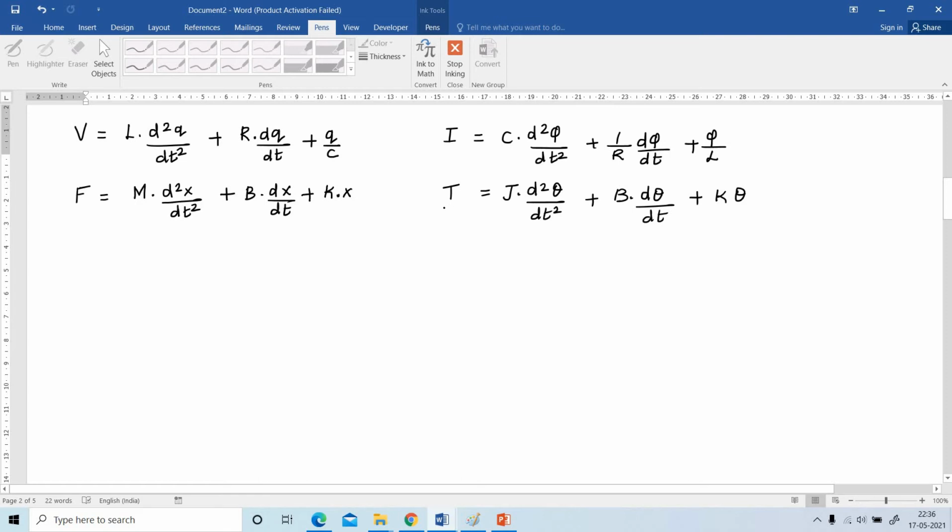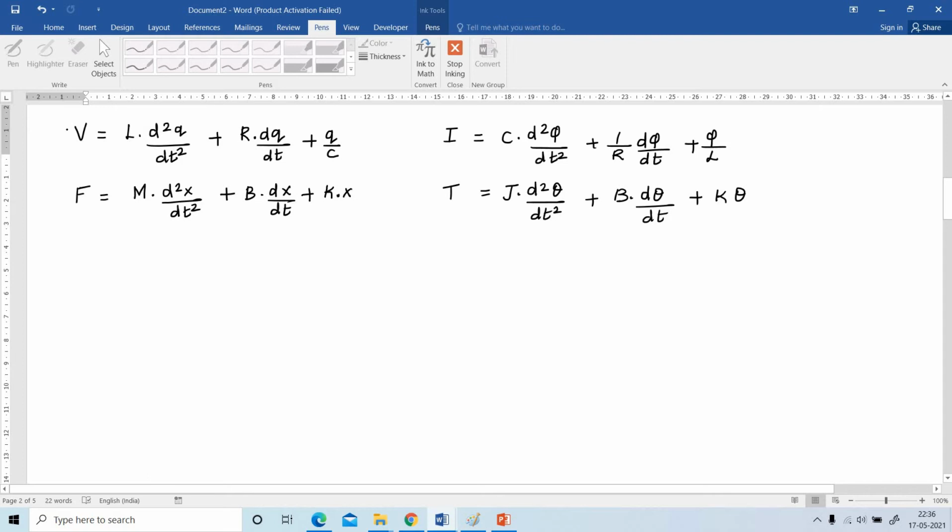What is T? T is the torque. What is J? J is the moment of inertia. Theta is the angular displacement, B is the dashpot, and K is the torsional spring.